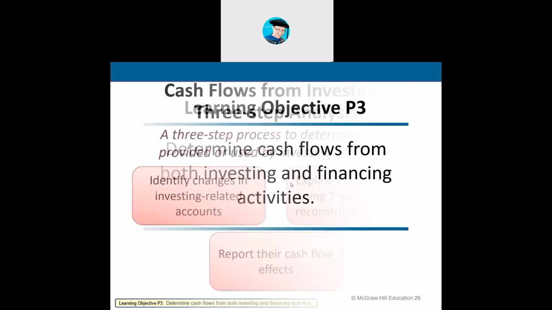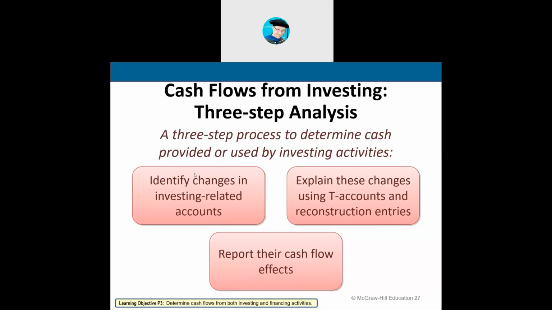For investing and financing activities, it's a lot easier. And it's a three-step process. We identify investing related accounts, we look at their T accounts, and we report the cash flow effects.